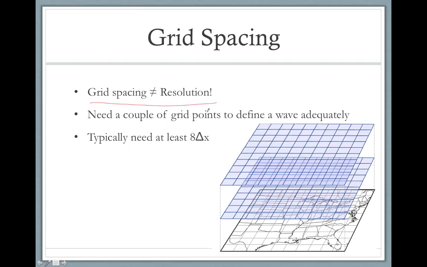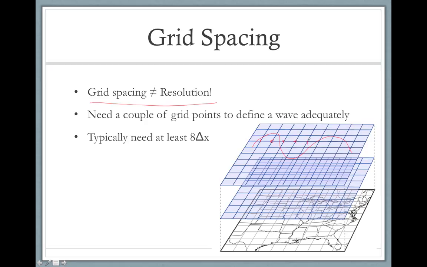Basically what we're doing here, we have all of these grid points at which then we need to define the atmospheric characteristics. And so if we think about the atmosphere in terms of our trough ridge system, right, we're going to need a couple of grid boxes in order to define this wave. And so we know we have a grid point here, and we have a grid point here, and here, and here, and here.